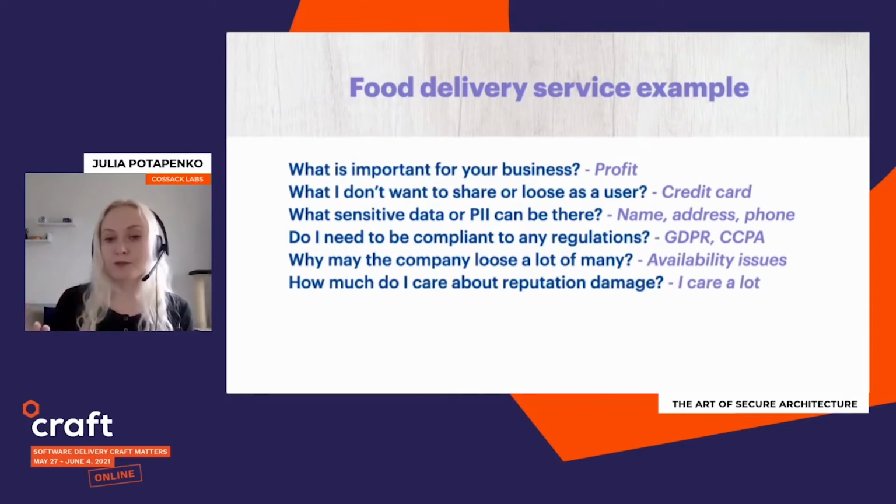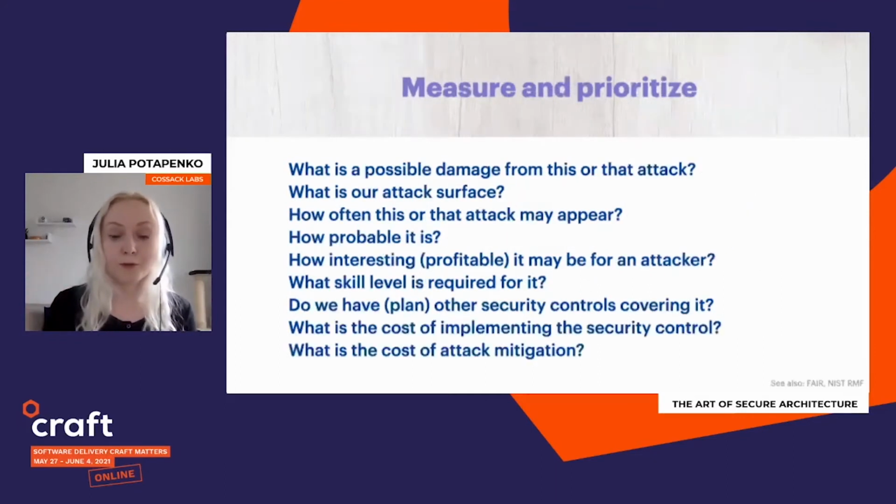So if the service is down, if your backend is down, then no one can make an order and you're losing your money. Pretty straightforward, right? So availability issues. And how important is reputational damage to you? Probably a lot, because there are a lot of players on the market who are doing food delivery, right? So this is pretty straightforward for me.